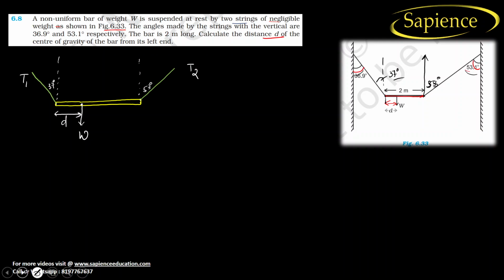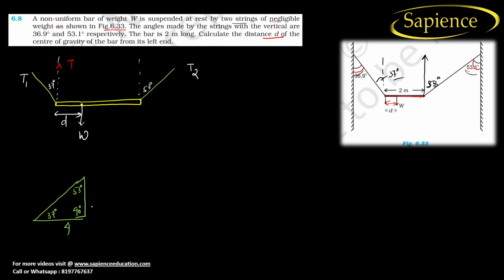Now can we break the tension into different components? Before that we need a shortcut method so that the equations will be easier. Let us consider this as 37 degrees, so this will be 53 degrees and this will be 90 degrees.